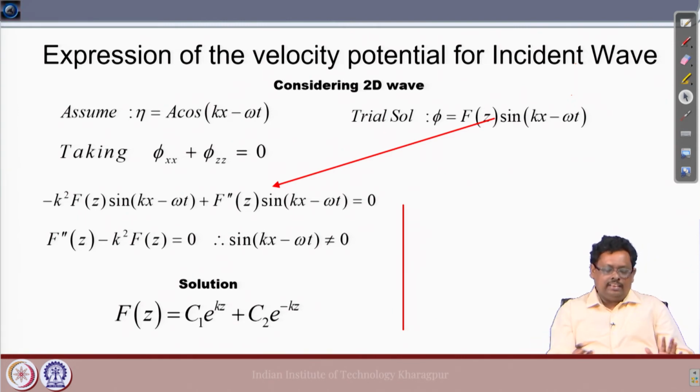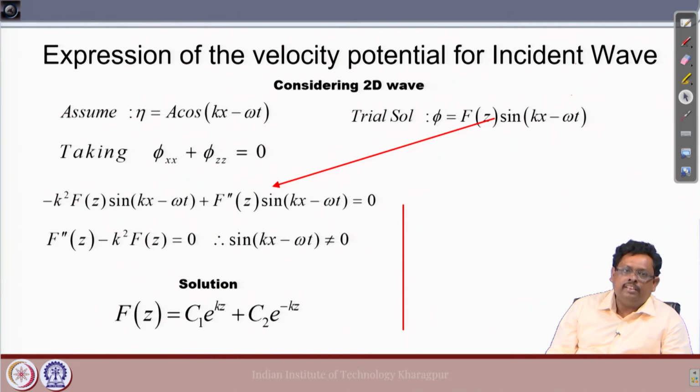So, this is very elementary till this point. The solution itself is very simple, but you should understand how to get this solution for f(z). Now, in the next step, I replace this f(z), the value C1 e^(kz) + C2 e^(−kz), into the solution of φ.